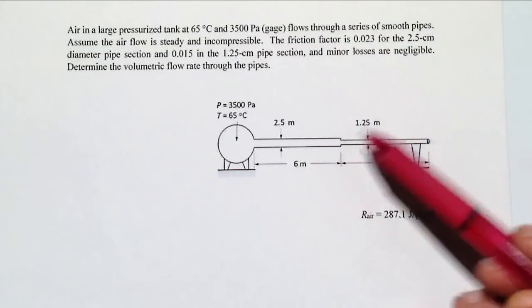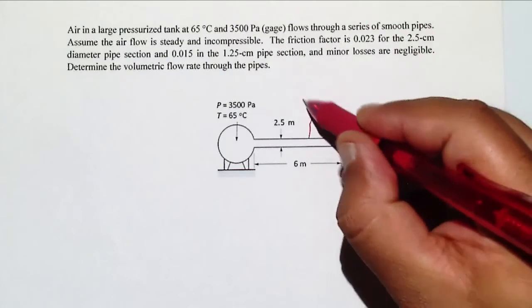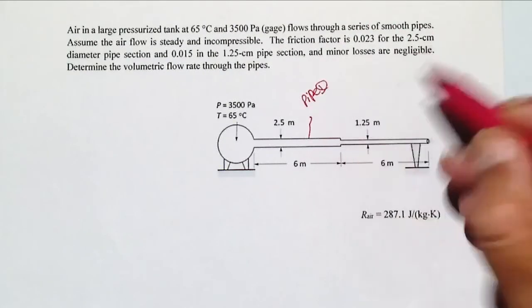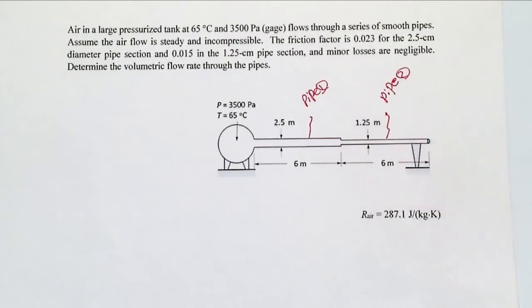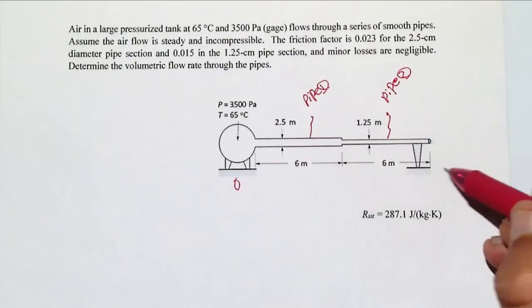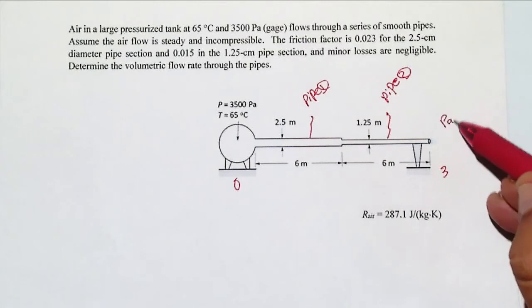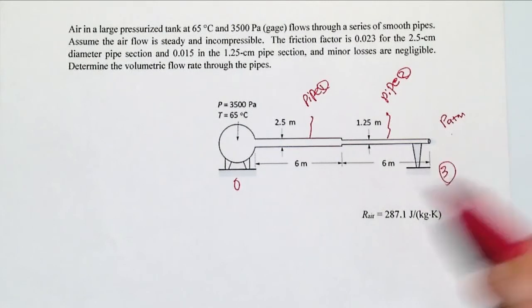So it's smooth. You have pipe 1 and you have pipe 2, and I put 0 and 3, which is the atmospheric pressure, here at 0.3.